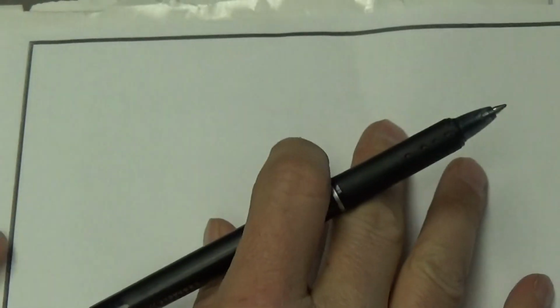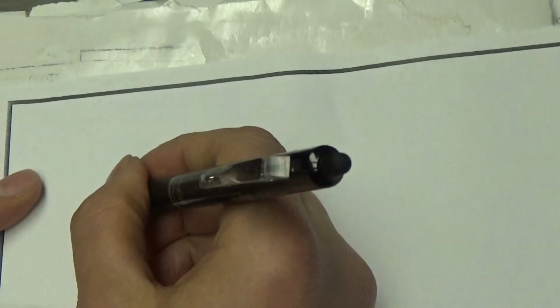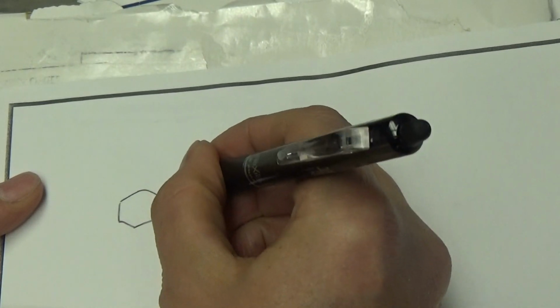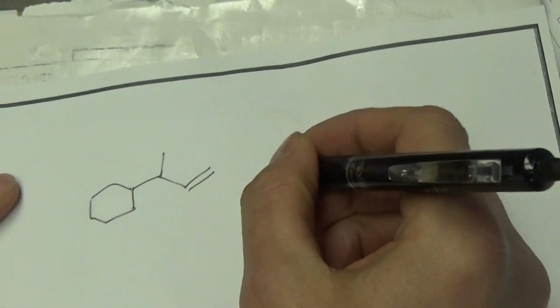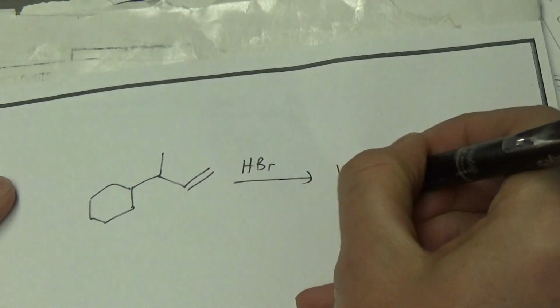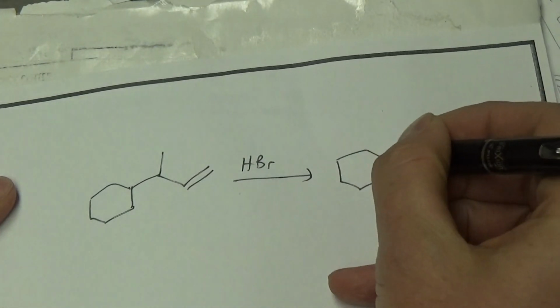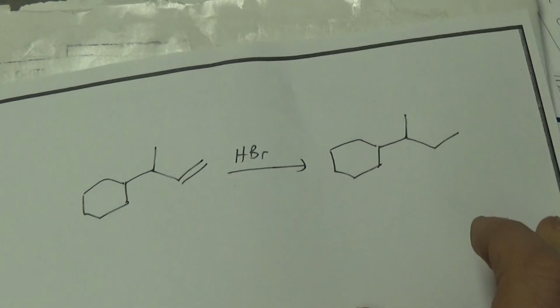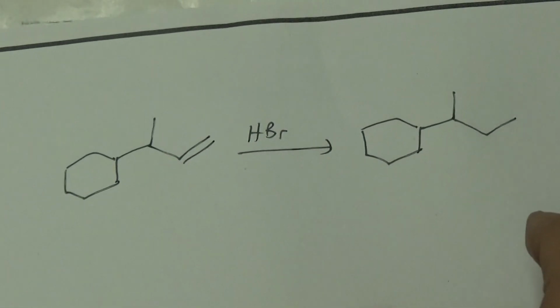Okay, so we're mostly done with this reaction. Just want to show a couple examples of it real quick. So is this the peroxide one or the non-peroxide one?